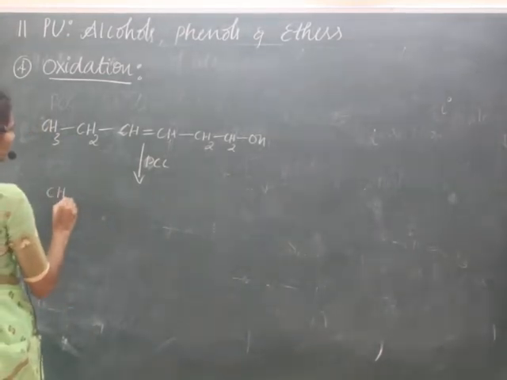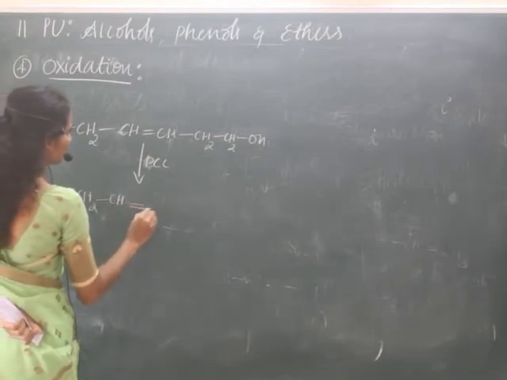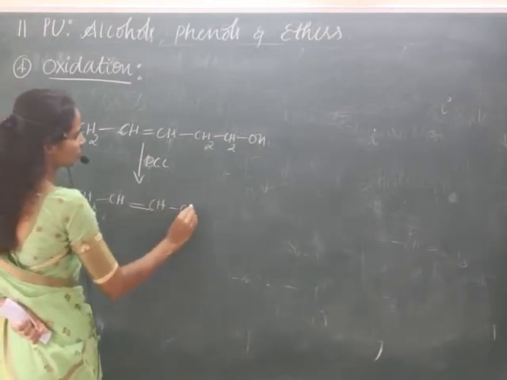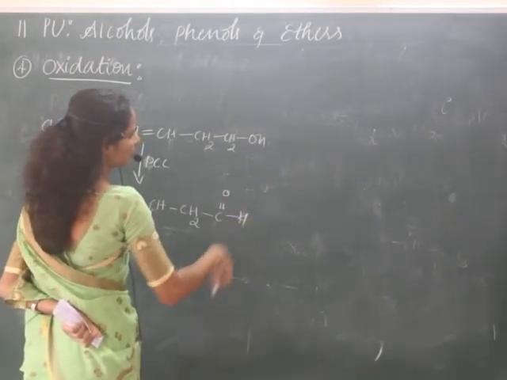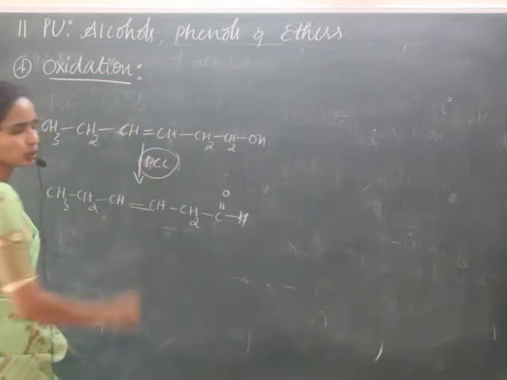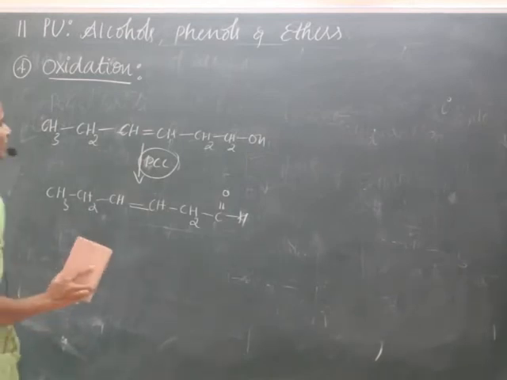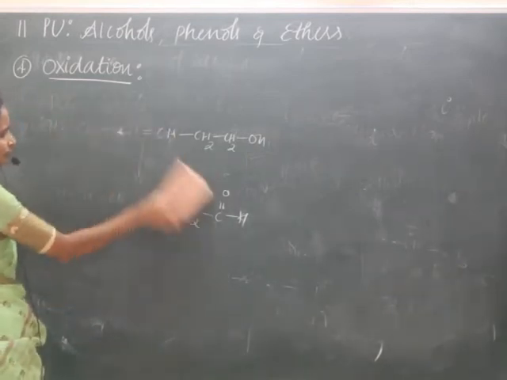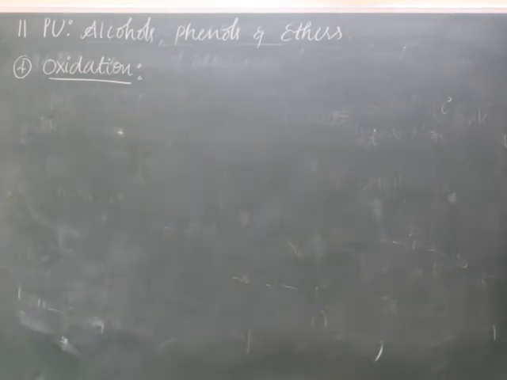The product is CH3, CH2, CH double bond CH, CH2, and here C double bond O H, aldehyde formation takes place by using pyridinium chlorochromate. Right? Pyridinium chlorochromate is nothing but a complex mixture of pyridine and chromium trioxide in HCl. It's about oxidation.